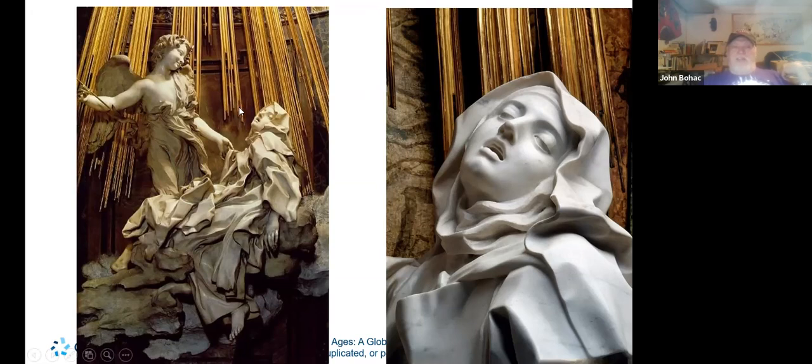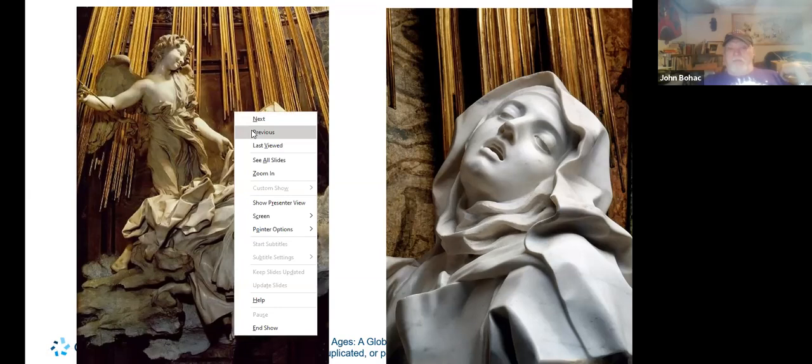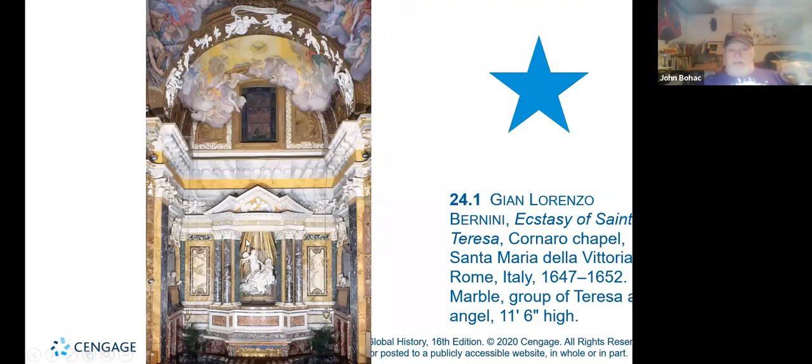There's a couple of other things noteworthy, and that is that Bernini uses brass here. See the brass rods as light or grace shining from above, you see? And instead of agony, this was titled The Ecstasy of Saint Teresa.